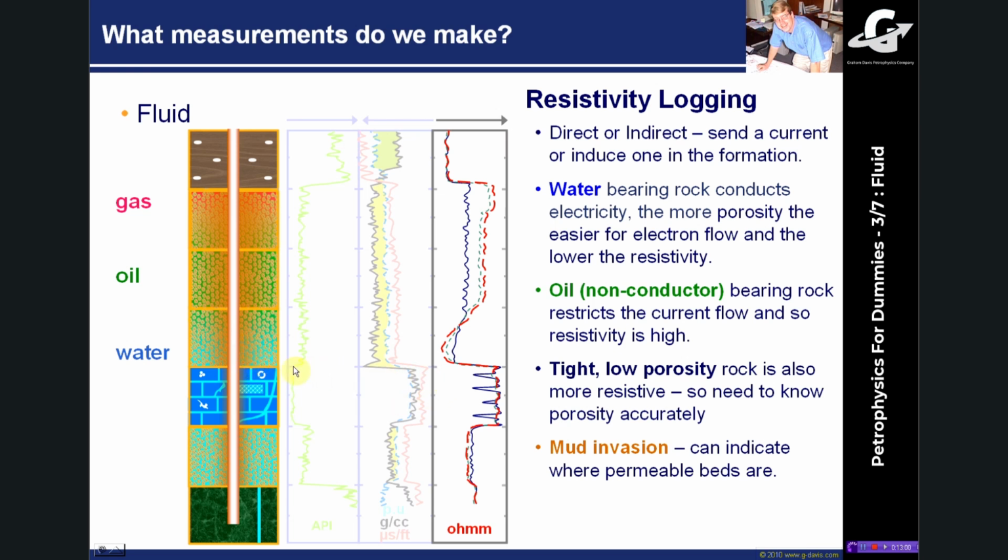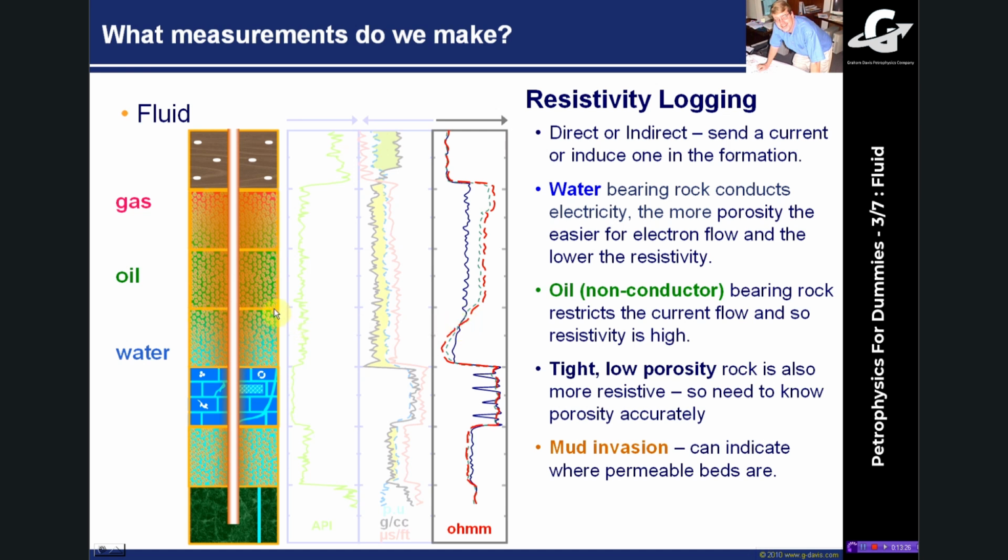It's actually affecting this middle reading tool, and has increased the resistivity a little bit, because the mud filtrate in this case is perhaps a little bit more resistive than the formation water. And then by the time we get to the borehole wall, we've got some higher degree of resistivity and mud cake interaction.